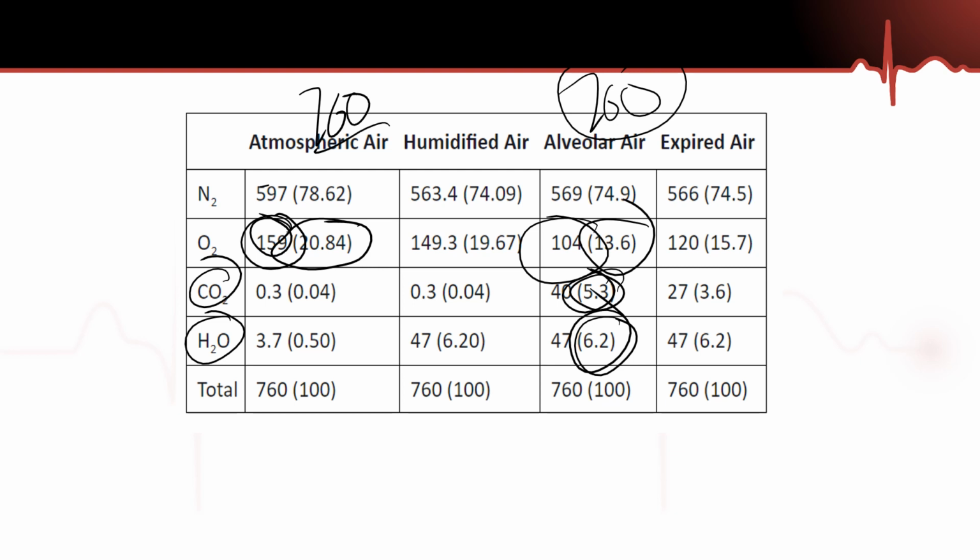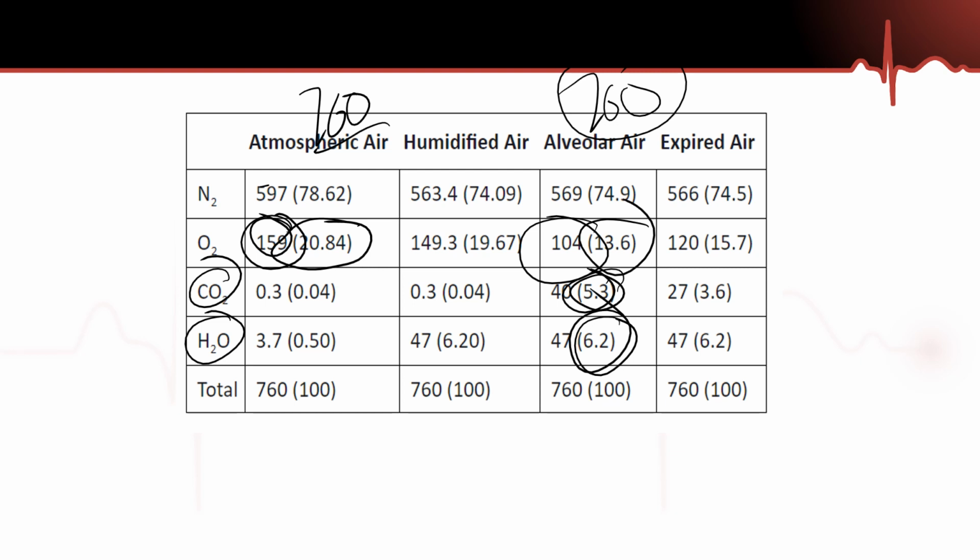Oxygen's partial pressure, its partial contribution to the total air pressure of 760, is about 100 within the air in the alveoli. Why is that? Why is the partial pressure of oxygen within the air in the alveoli 100 and the partial pressure of oxygen within the air in the atmosphere about 160?